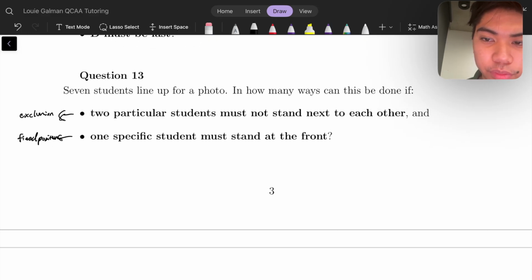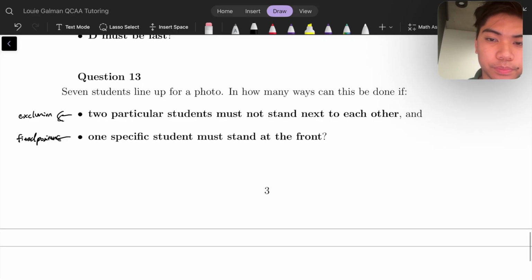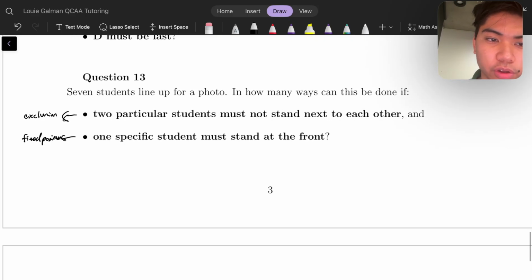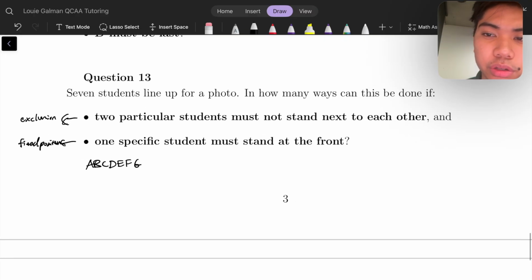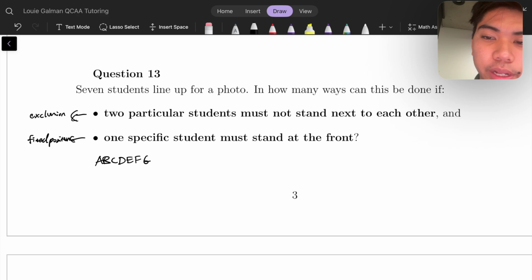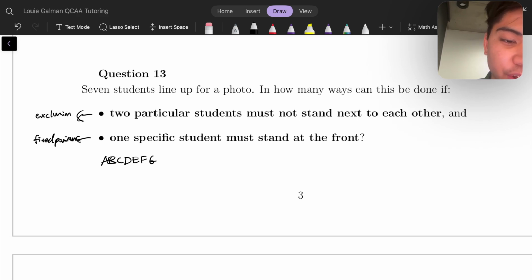All right. Let's have a look. Let's say that our 7 students are A, B, C, D, E, F, and G. That's 7 letters. Let's say that A has to be at the front, so I can't change anything there. If B and C, we'll assume, are standing next to each other.